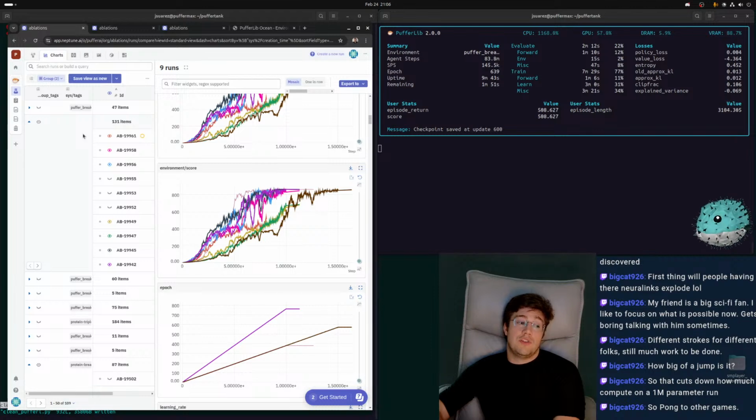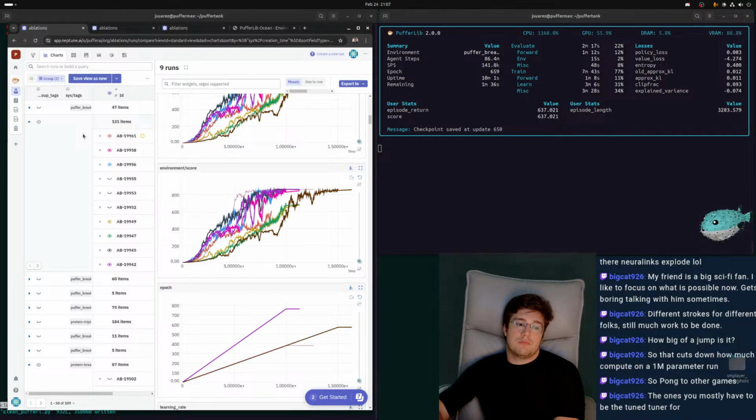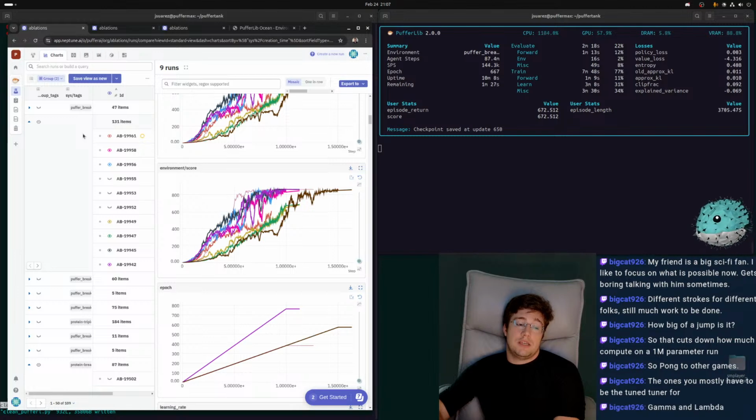So you cut out two of the top three most annoying hyperparameters in RL. Yep. Gamma, lambda.